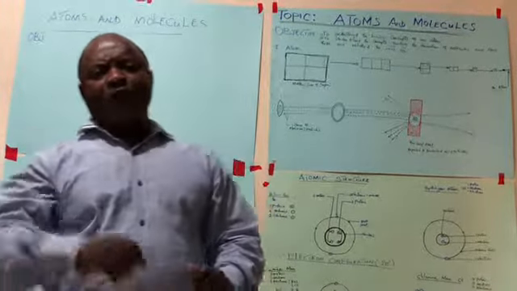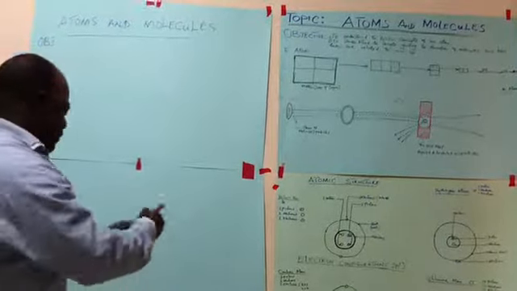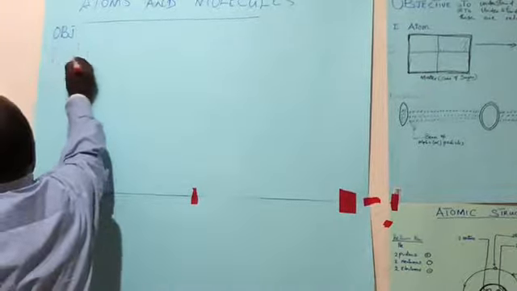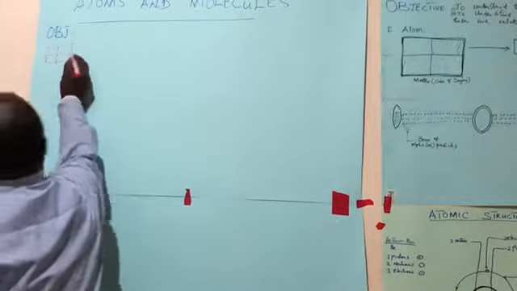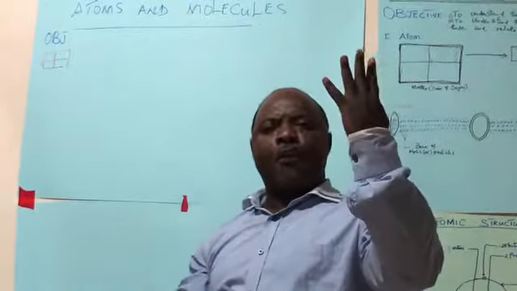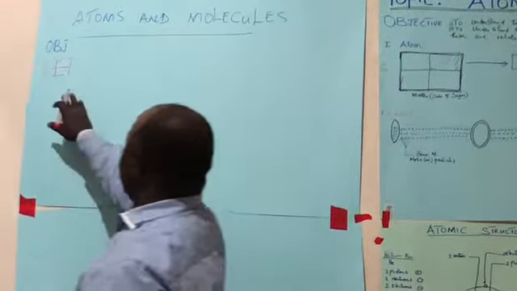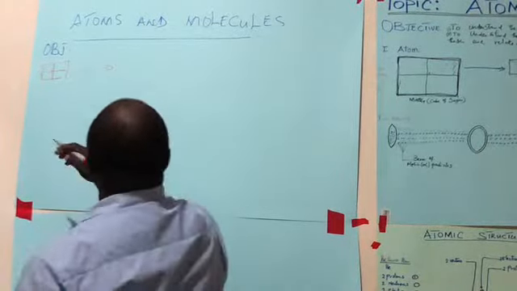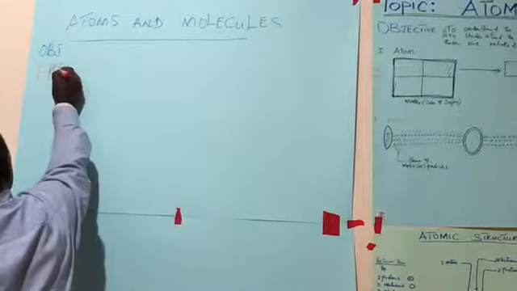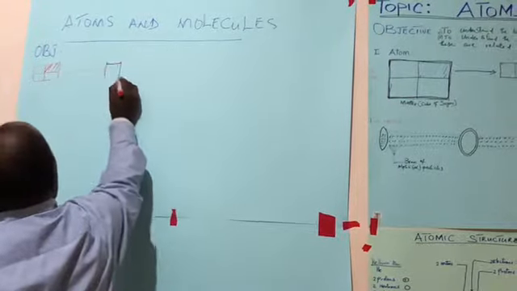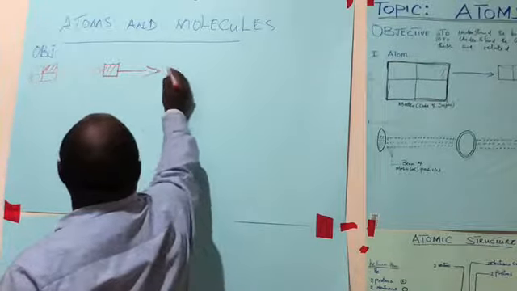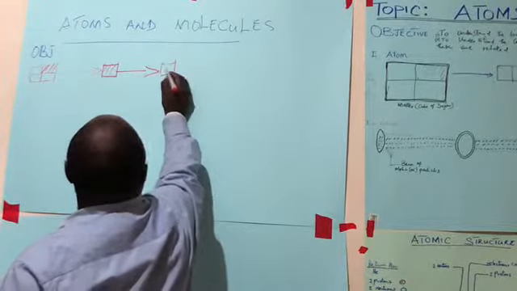Take for instance a cube of sugar. A cube of sugar can be divided into 4 pieces. We take one section of it and divide it again, and it goes to another piece, which is smaller.